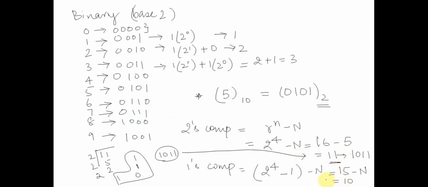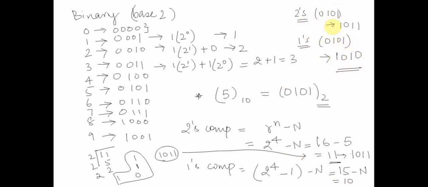So basically 2's complement, what this means, this simply means 2's complement of 0101 is nothing but 1011, and 1's complement of 0101 is nothing but 10. If you see, 10 would come out to be 1010.